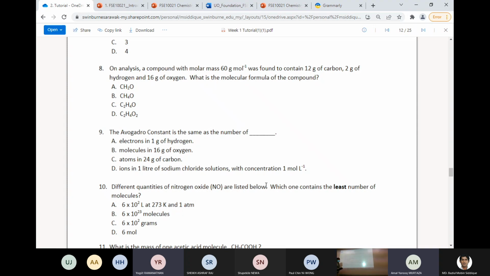What is Avogadro's constant? 6.023 times 10^23, right? This is Avogadro's constant.